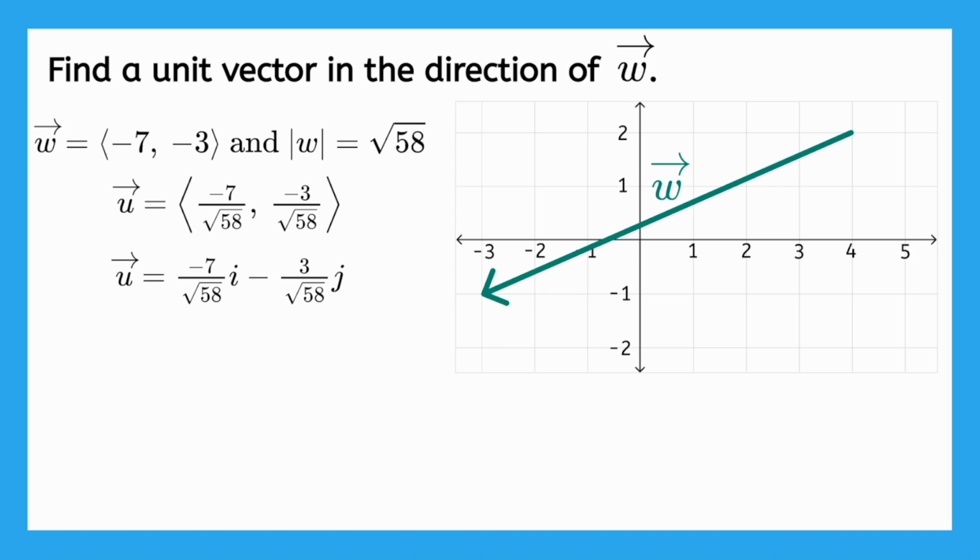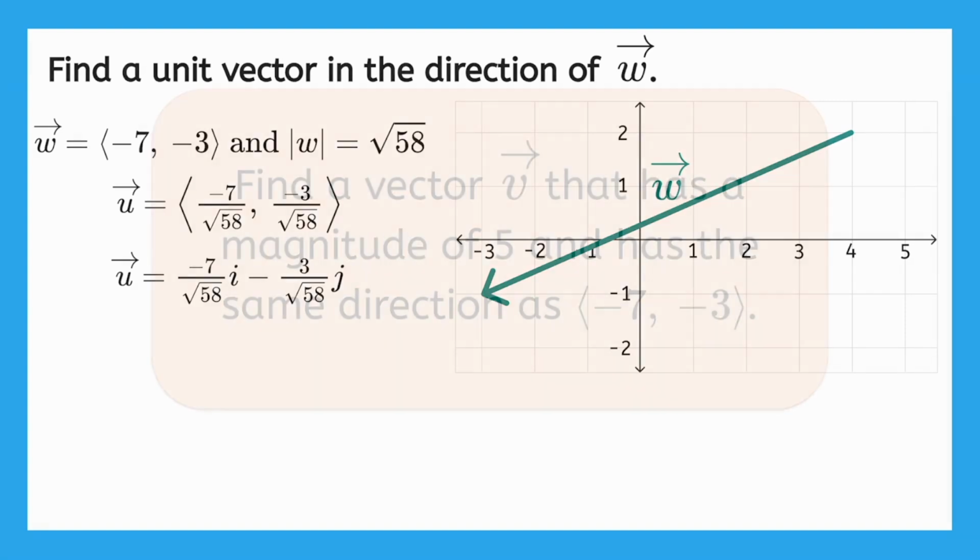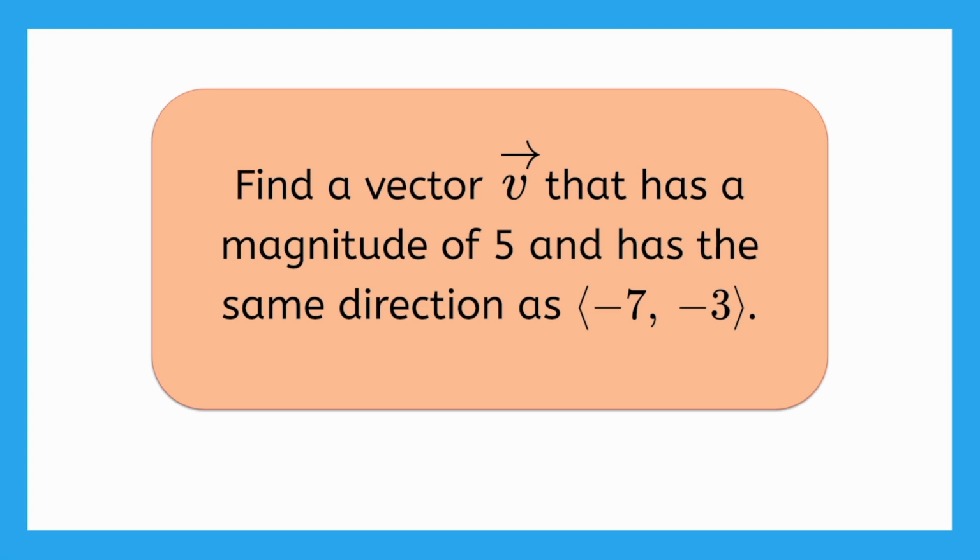Remember how I said that unit vectors can help simplify other vector operations? Let's revisit the question I asked you at the beginning of the video. Find a vector v that has a magnitude of 5 and has the same direction as -7, -3. Let's see how unit vectors can help make this problem much easier.